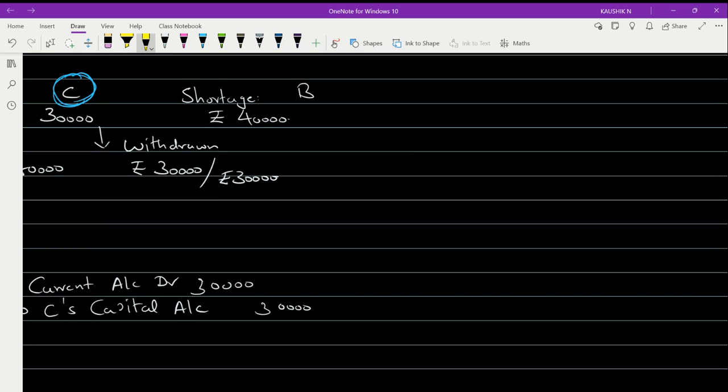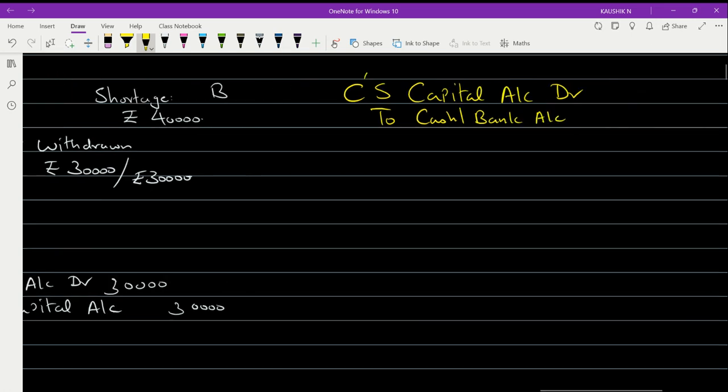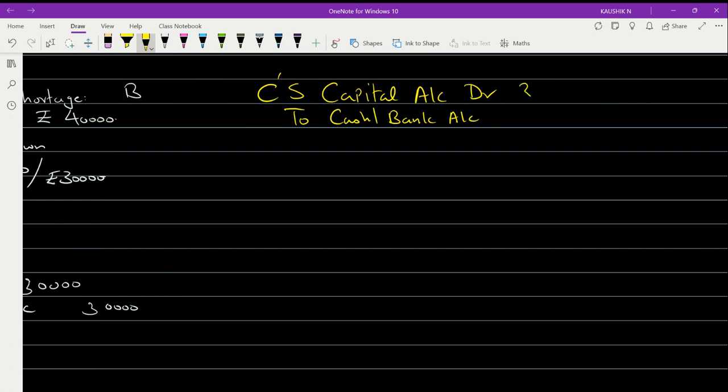Correct? So C is the one withdrawing completely. So C's capital account debited to cash or bank account. The value will be the withdrawn amount, 30. This is first.